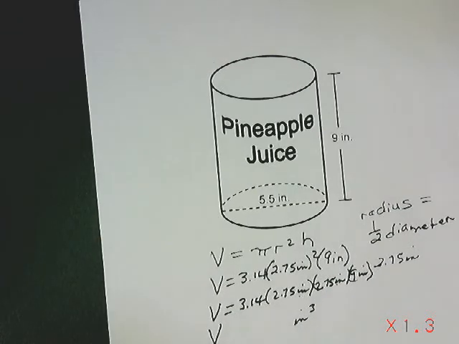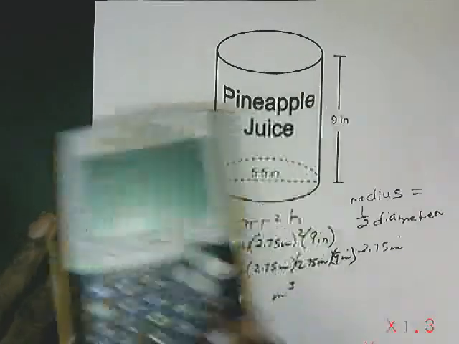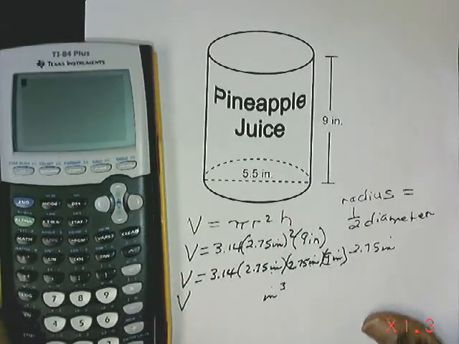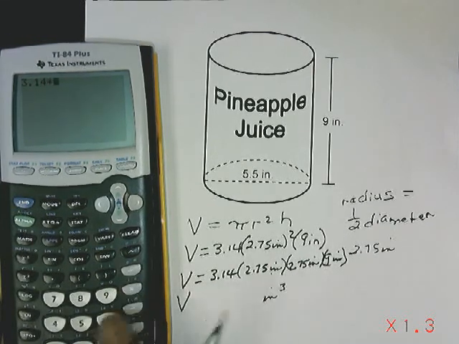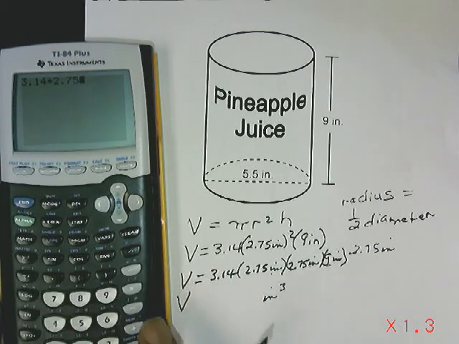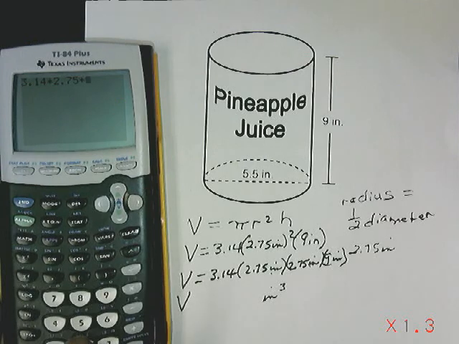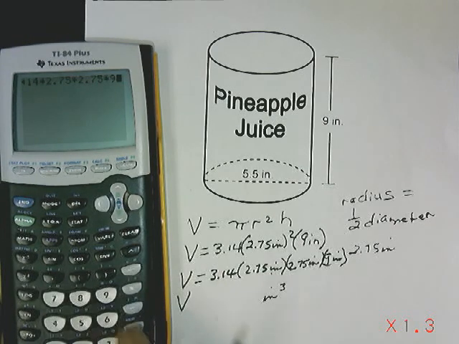Now I will let my calculator do my work. 3.14 times 2.75 times 2.75 times 9.